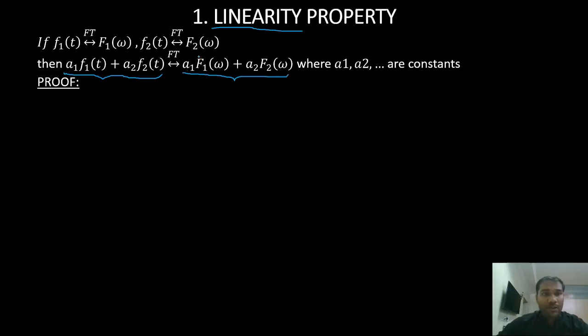We have to just multiply the Fourier transform of the first signal with a1 and the Fourier transform of the second signal with a2. This we will prove now, right?